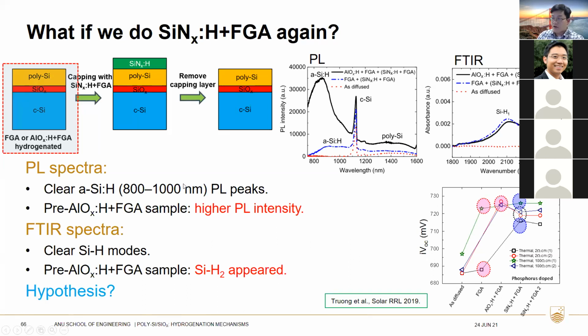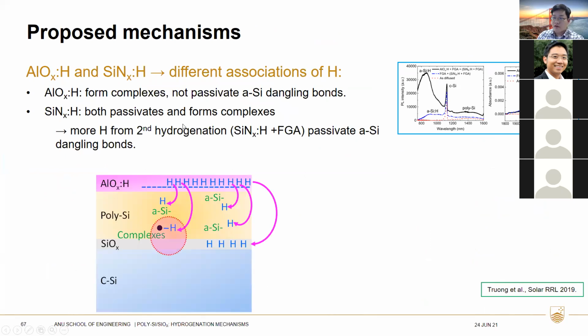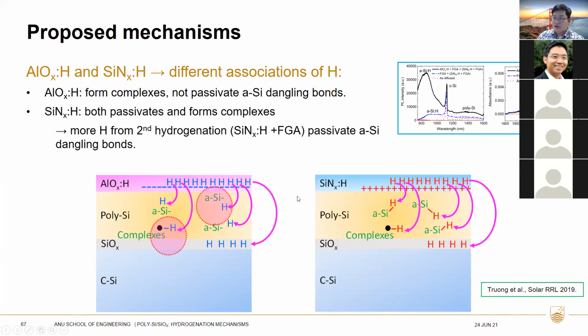Any hypothesis for the PL and FTIR here? So yes, we come up with some probable mechanisms here. The ALOX and silicon nitride have different associations with the hydrogens. In the case of ALOX, it forms complexes and does not passivate amorphous silicon dangling bonds. Meanwhile, in the silicon nitride case, it both passivates dangling bonds and forms complexes.